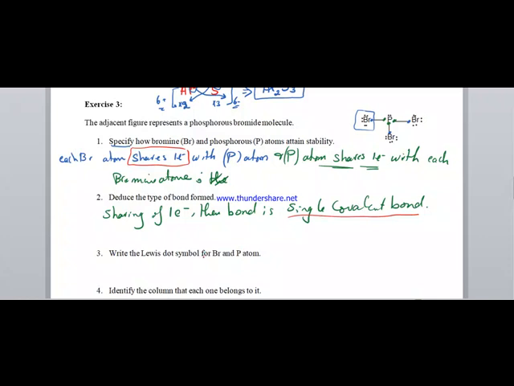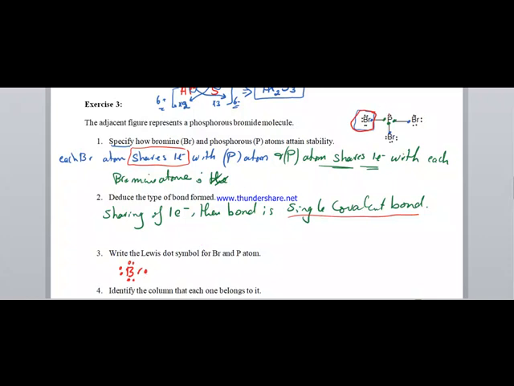Write the Lewis dot symbol of Br. According to the figure, this is the Lewis dot symbol of Br. We have 3 lone pairs and a single electron that is shared with phosphorus.